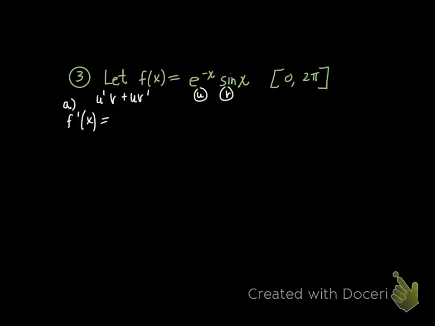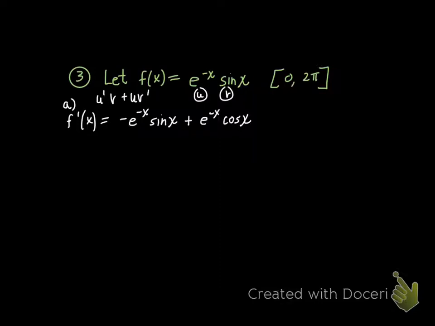The derivative of e to something complicated is e to something complicated times the derivative of the inside function, which is negative 1. So the derivative of u is negative e to the negative x, times leave v alone, plus leave u alone and take the derivative of v. The derivative of sine is cosine x.